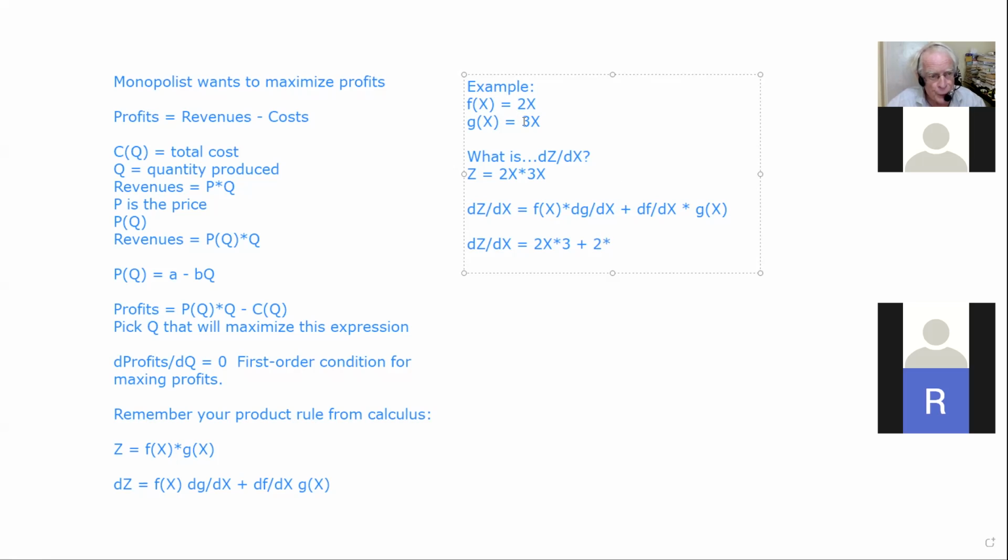And g of x is 3x. So it's a very easy rule to apply. In this case, we have 6x plus 6x, which is 12x all told.